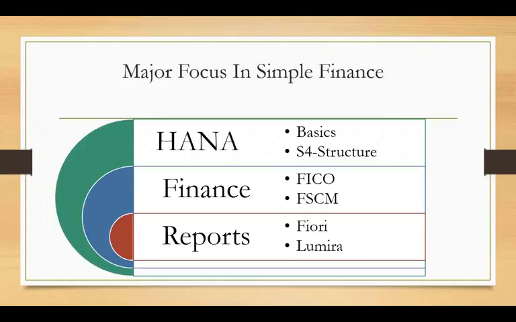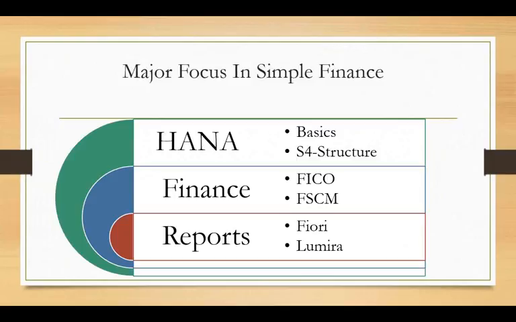Then the second part is finance apps, where the major changes occurred, even in FICO, FSCM, treasury and risk management, and cash and liquidity. So these things we need to concentrate on. If you know only FICO, there is no use. That is the reason you need to understand at different levels. FICO, both things are mandatory.